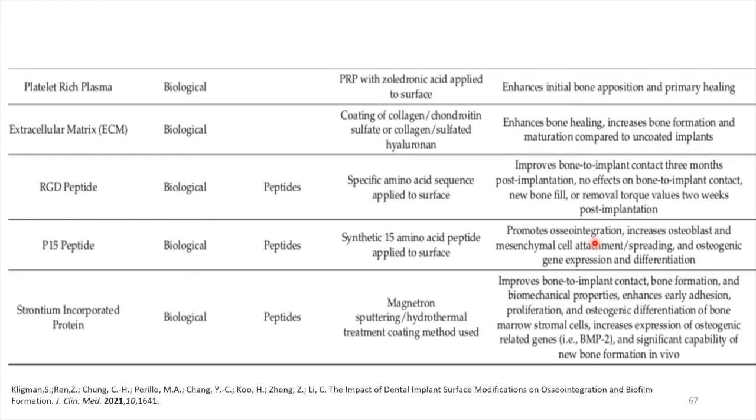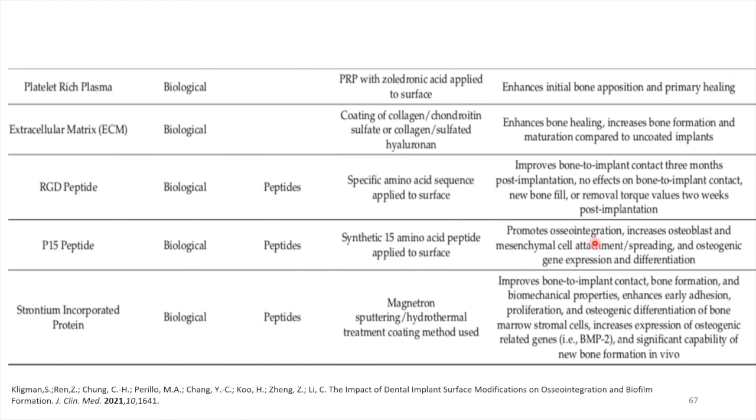which is a high safety concern. Biological methods: various biological agents such as platelet-rich plasma and platelet-rich fibrin are used to enhance the bone healing and formation. Peptides such as P15 and bactericidal sclerostin promote osseointegration and improve the bone to implant ratio.